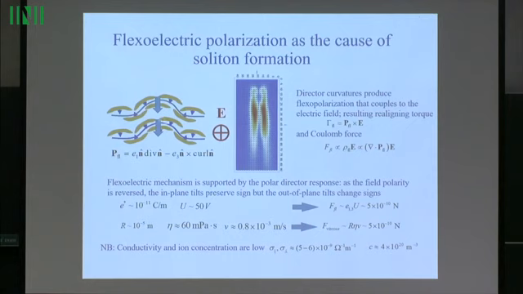So if I have banana-like molecules with perpendicular dipoles, then this bulge would create a polarization shown by the blue light. And the polarization is related to this expression of director deformations.